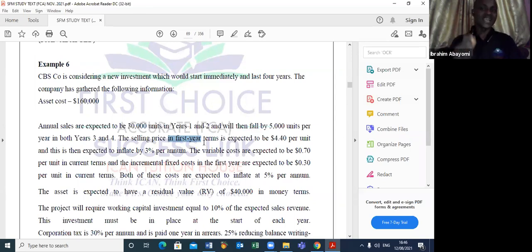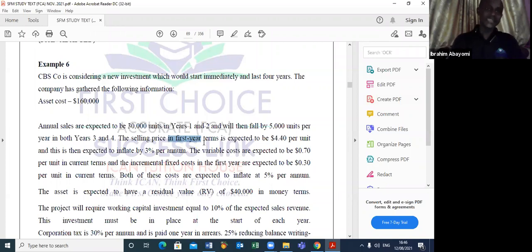Anytime a question tells you that this cash flow is in terms of year 0 or in current term, I've given you all those names in our earlier discussion, so that in current term or in year 0 prices. If the question is given in this way, it means you will start inflating the cash flow right from year 1.